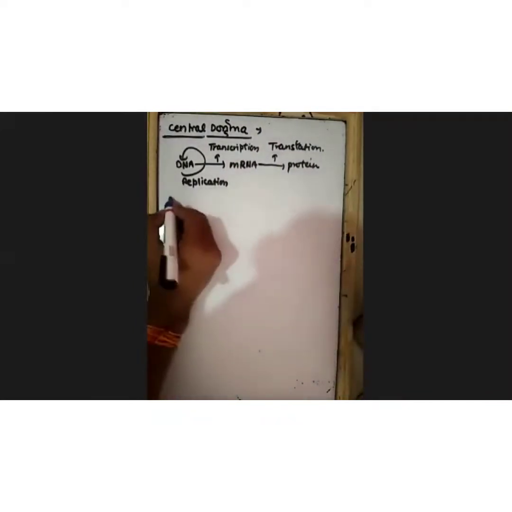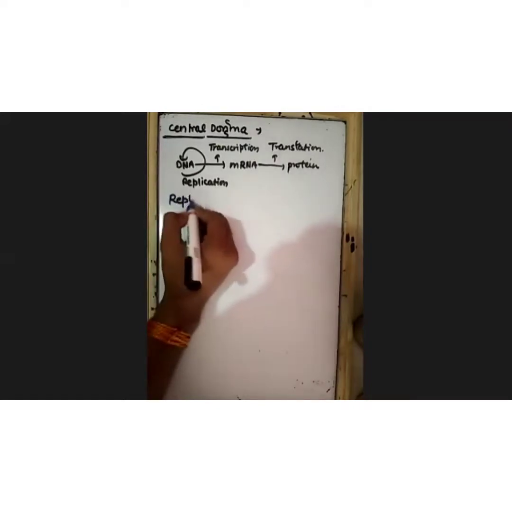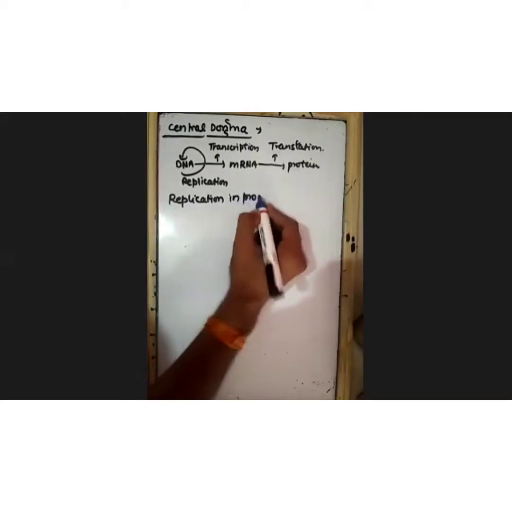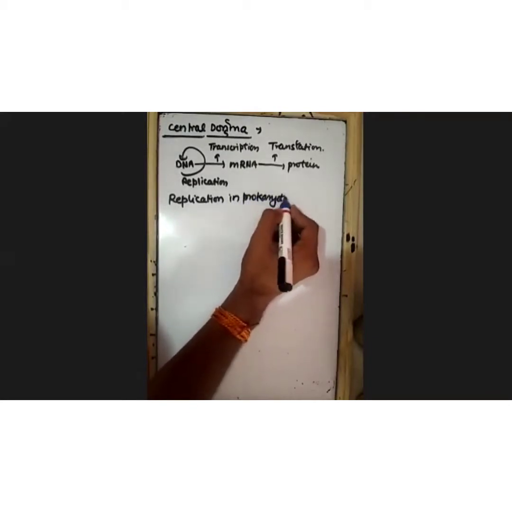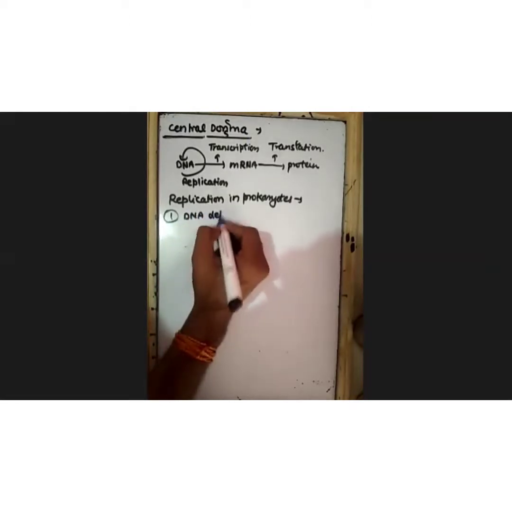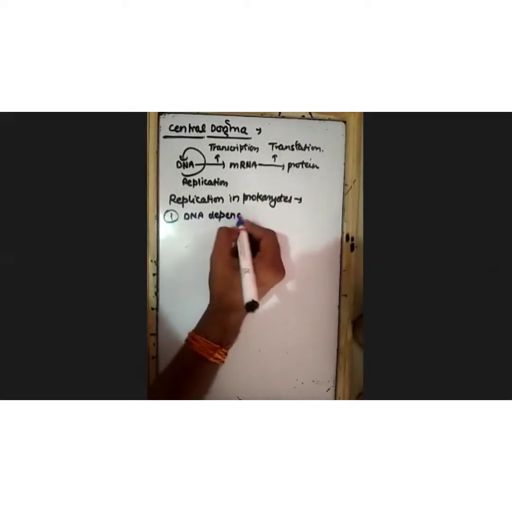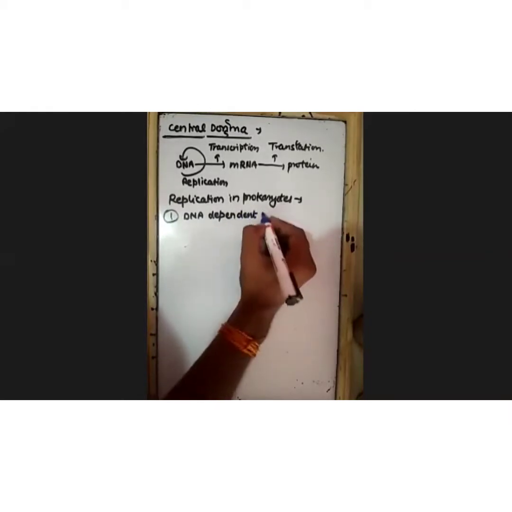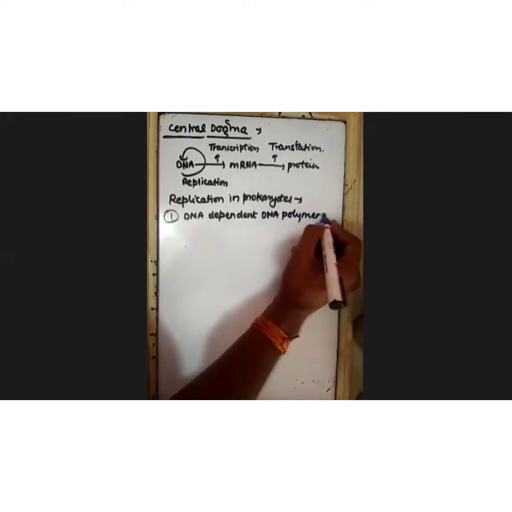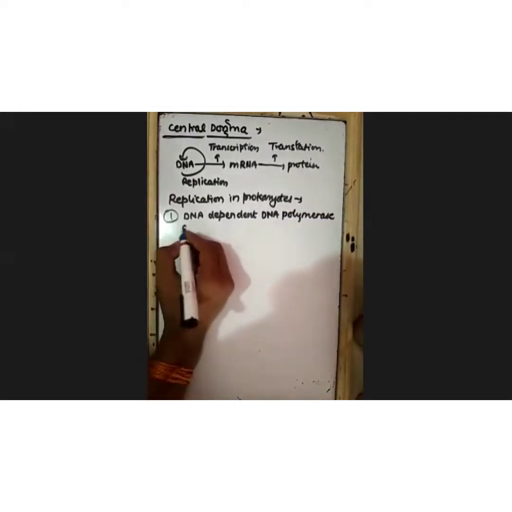Okay, so now start with replication in prokaryotes. In your NCERT, it is given for prokaryotes. For replication, we need an enzyme, that is the DNA dependent DNA polymerase enzyme.